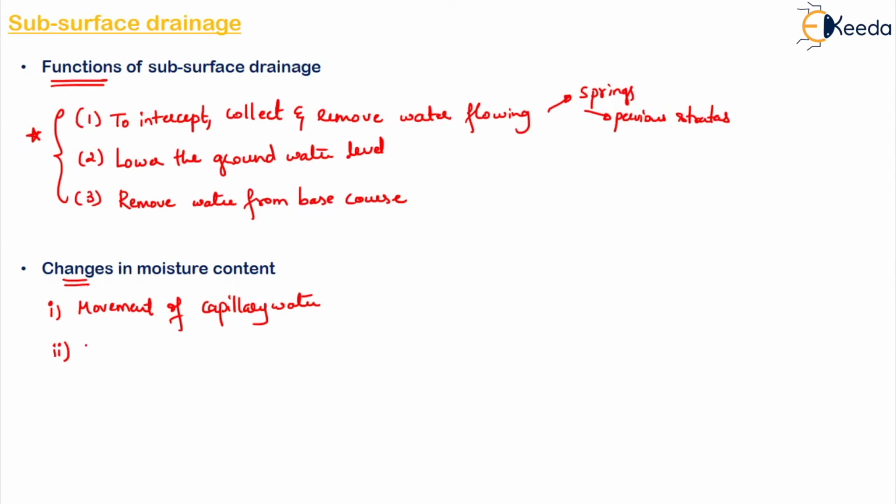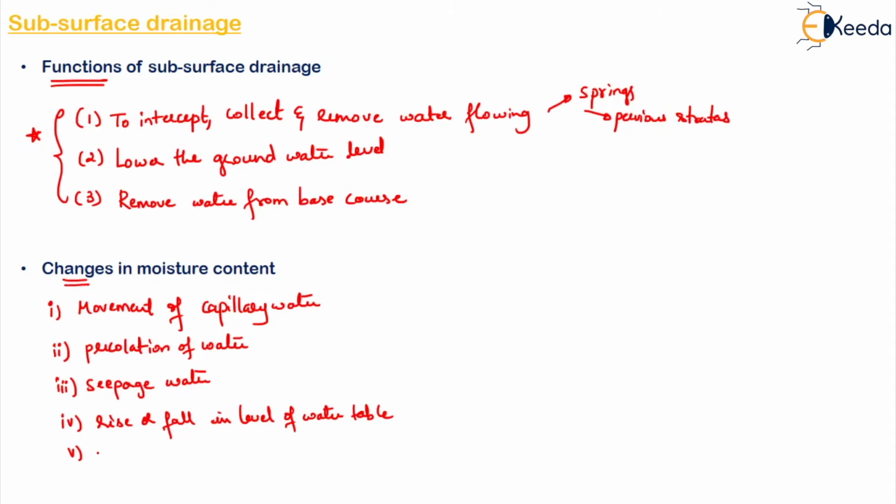The second one is because of the percolation of water into the subgrade through some cracks in the pavement surface. The third one is the seepage of water into the subgrade from the higher ground which is adjacent to the pavement.